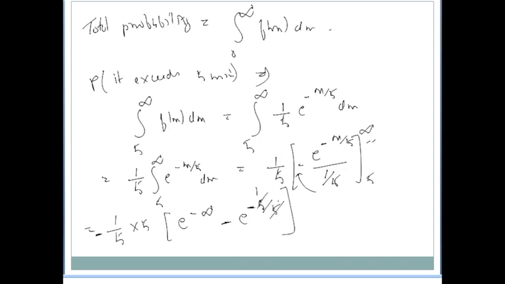The 1 by 5 and 5 will cancel out, and the two minus signs will finally cancel out, because e to the power minus infinity is 0. So the final answer will be e to the power minus 1, which is equal to 1 by e.